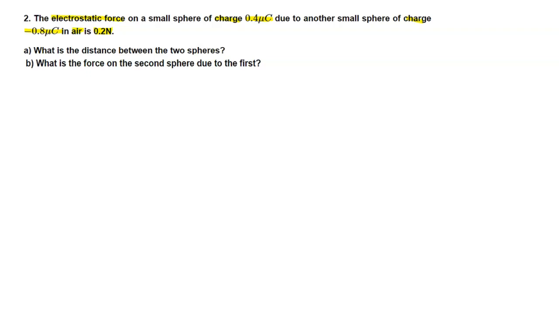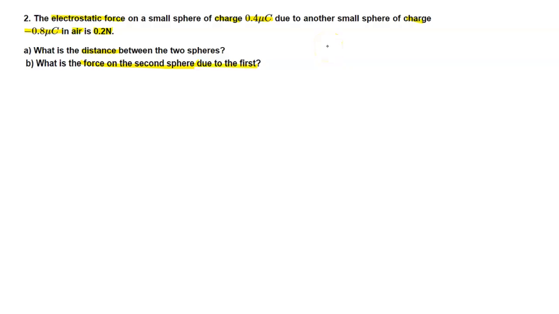Newton is the unit of force, so 0.2 Newton is the value of the electrostatic force. In the first part we need to find the distance between these two spheres, and for part B we need to find the force on the second sphere due to the first.